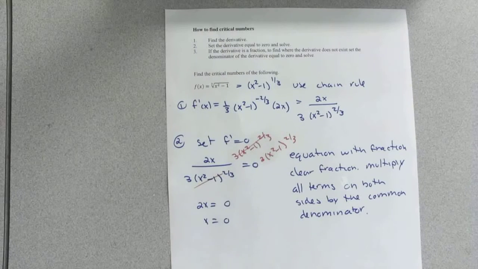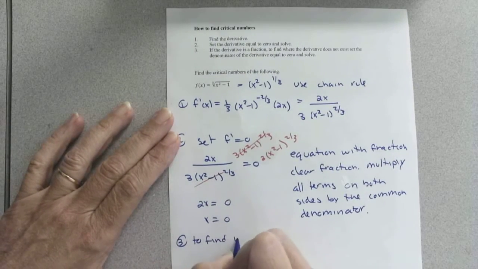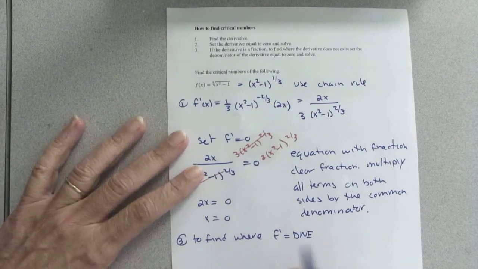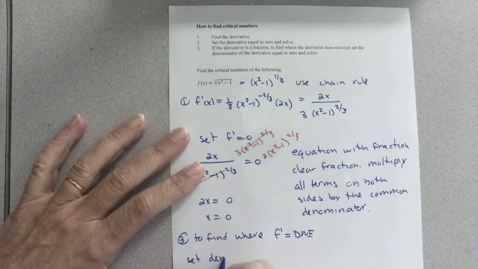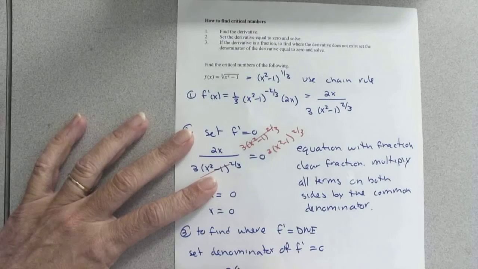But my derivative turned out to be a fraction. And so then to find where f prime does not exist, I set the denominator of f prime equal to 0.